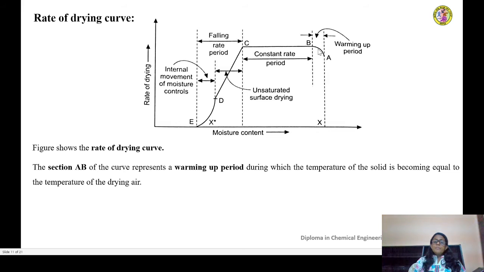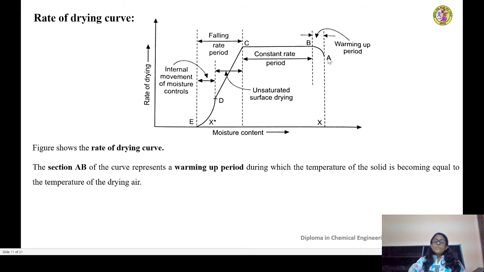The warming up period is that part of the drying process which initially takes place for a shorter period, where the temperature of the solid becomes equal to the temperature of the drying medium.